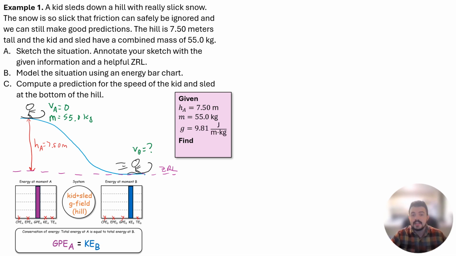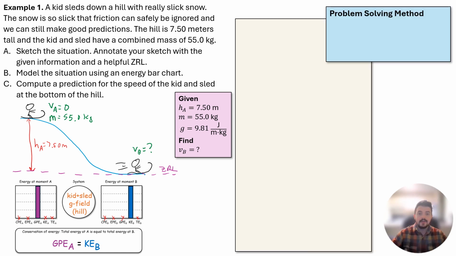And so the Earth's gravitational field strength is a known value of 9.81 joules per meter per kilogram. And we are trying to find the speed of the kid at moment B. So now I have a handy list. Always do this every time you're trying to solve a problem in physics. Cool. So let's go ahead and get started now. Got a handy little box here that's going to be where I do my work to solve this problem.